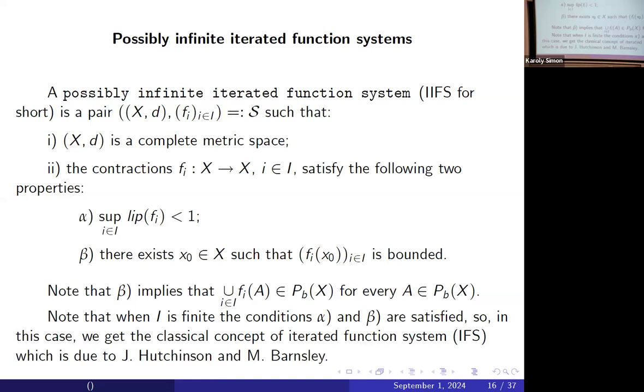It is just a pair consisting of a complete metric space (X, d) and a family of contractions f_i from X to X. And we want to have these two properties. We want the supremum of the Lipschitz constants to be less than 1. And also, we want to have just one element x_0 in X, such that the family f_i(x_0) is bounded.